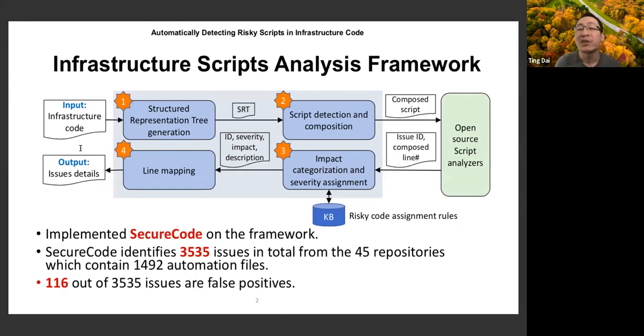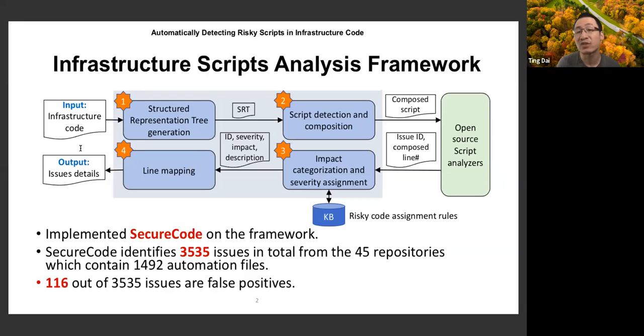Bridging the gap between generic script analyzers and business consequences in order to deliver an accurate checking framework gives us the opportunity and motivates our work. Our paper proposed an analysis framework which takes an infrastructure code repository as input. It first generates structural representation trees for the repository.